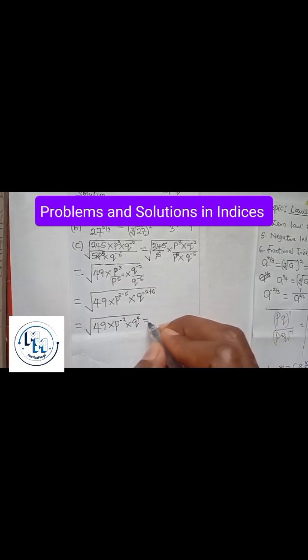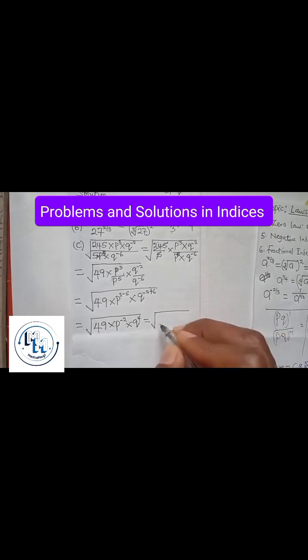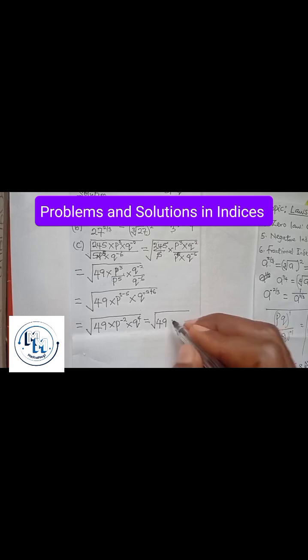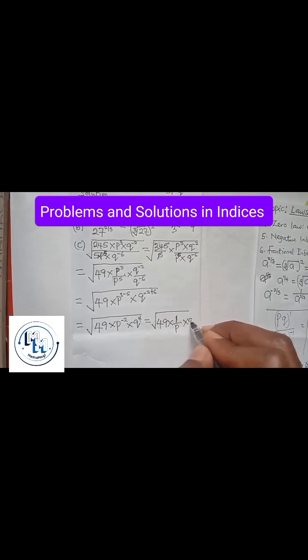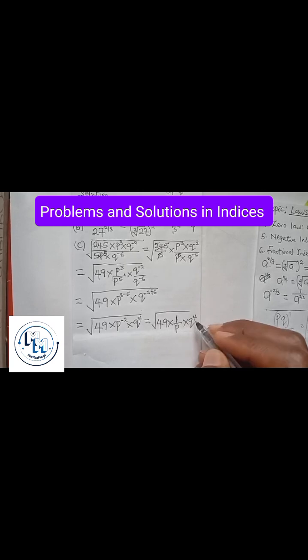Is that okay? Let's continue. Now look up, please. I want you to pay very quick attention here. Now this is 49, all right, times 1 over p squared, is that okay, multiplying q power 4.